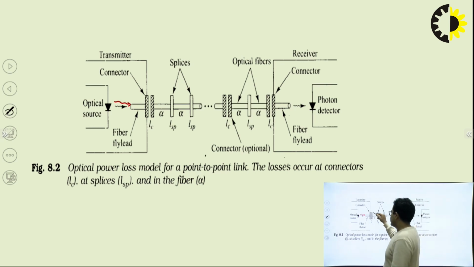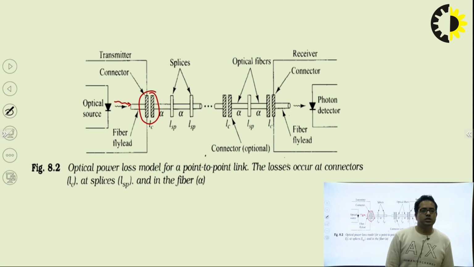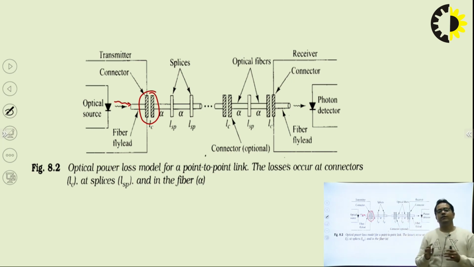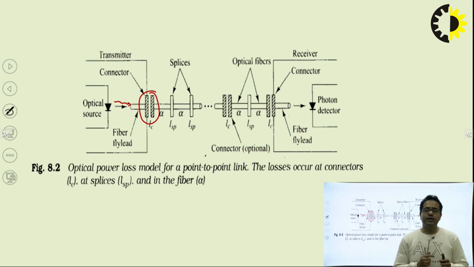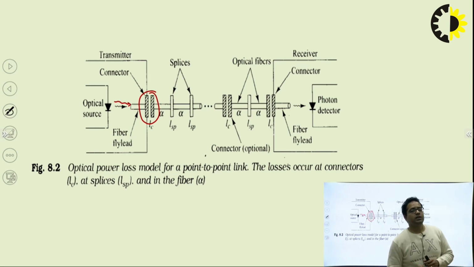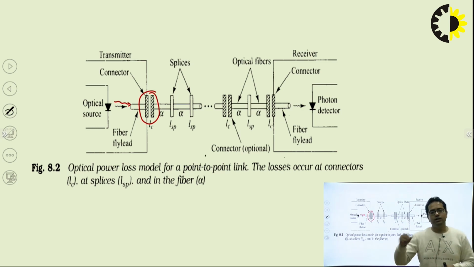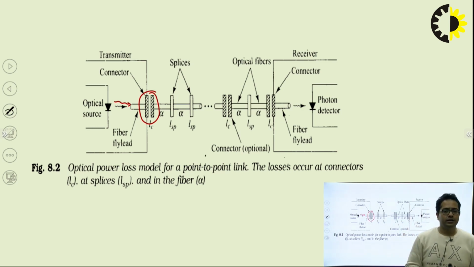Now at this output side, we are connecting the fibers. Suppose we have to transmit information to a distance of 500 kilometers. Obviously we can't lay down 500 kilometers of fiber in a single movement, right?